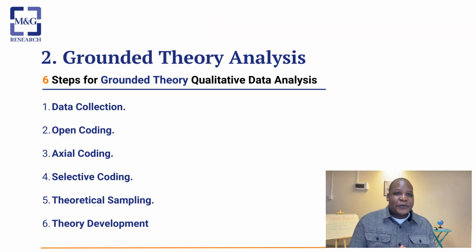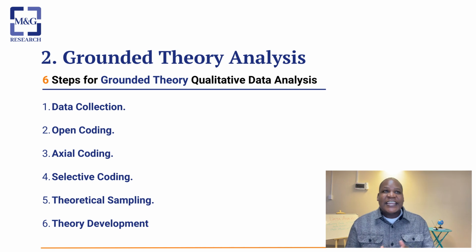The second qualitative data analysis we need to understand is grounded theory. Grounded theory is a systematic methodology that involves the construction of theories through methodological gathering and analysis of data. It is particularly useful for developing new theories grounded in the data that has been collected.